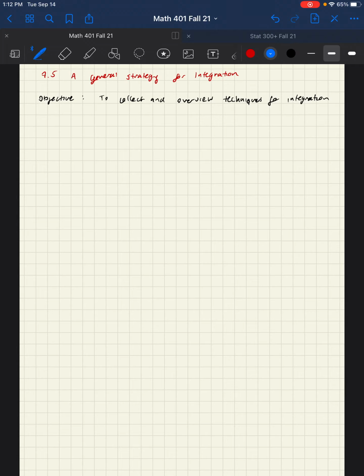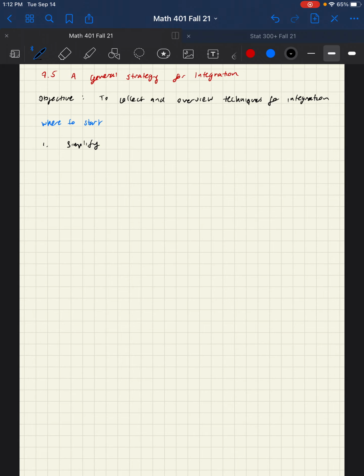First, I'd like to talk about what exactly our toolbox is, and where to start. The go-to thing that pretty much everyone starts with in an integral is to simplify as much as possible.